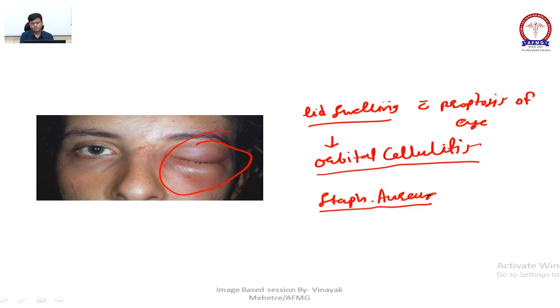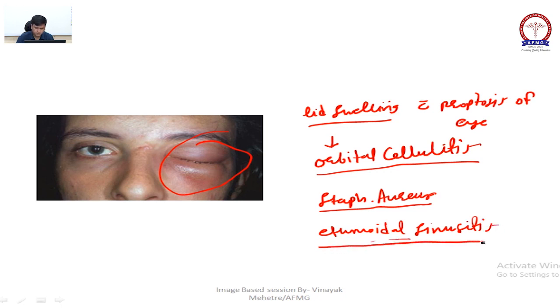Most common sinusitis causing orbital cellulitis is ethmoidal sinusitis. See, orbital cellulitis can also lead to cavernous sinus thrombosis. Okay, it will be its complication.